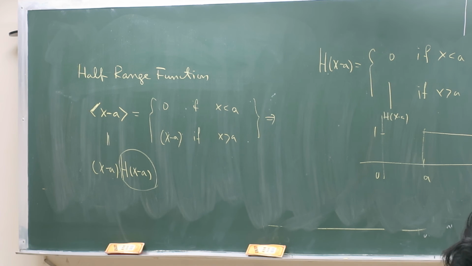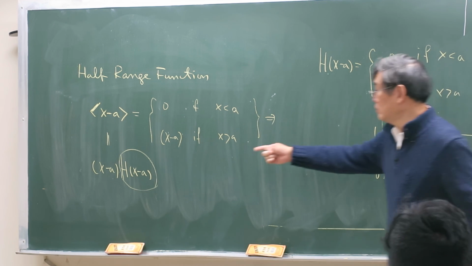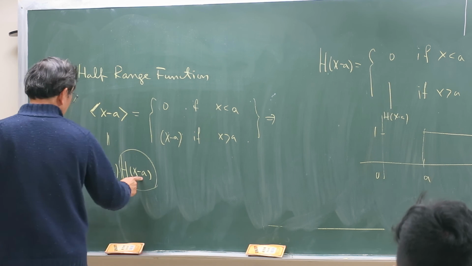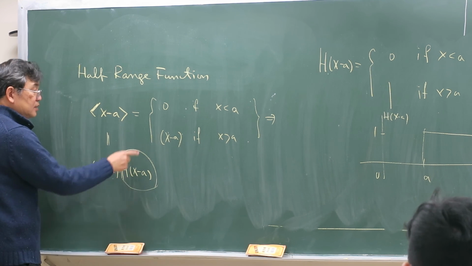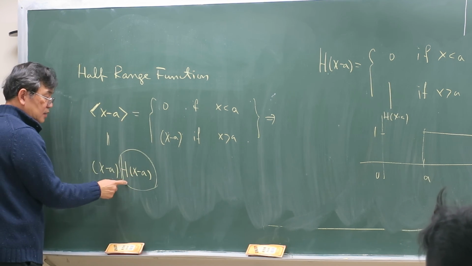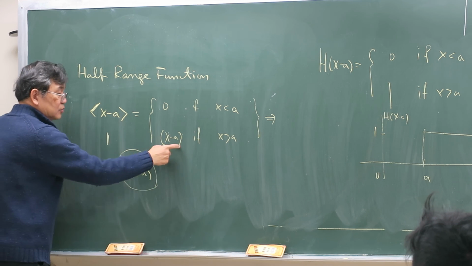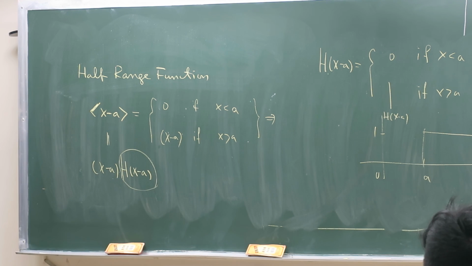No. This function, Heaviside function, smaller than a, this will be equal to 0. Larger than a equal to 1. So for x smaller than a, this will be 0. Larger than a, this equal to 1 and equal to x minus a.